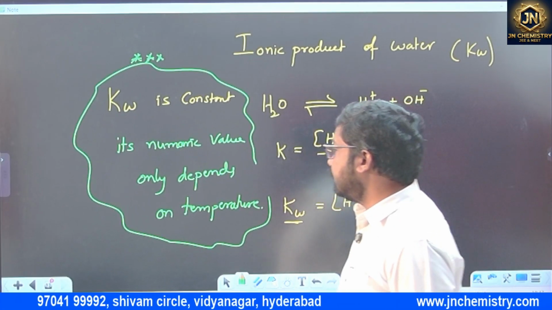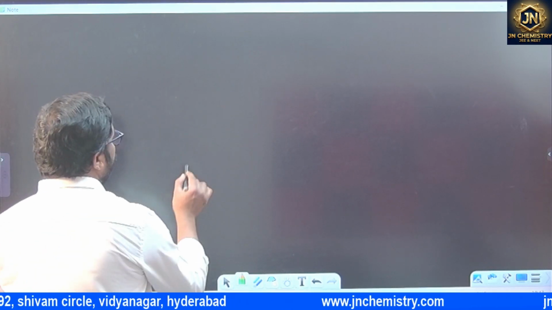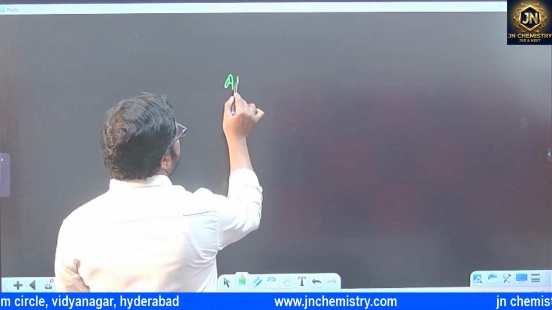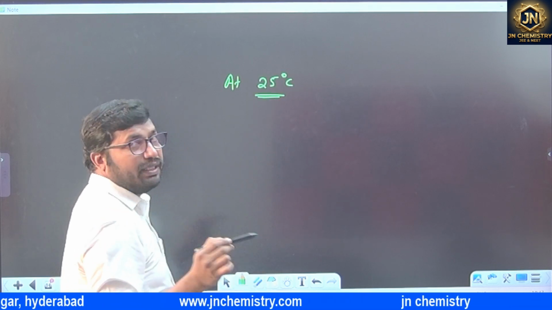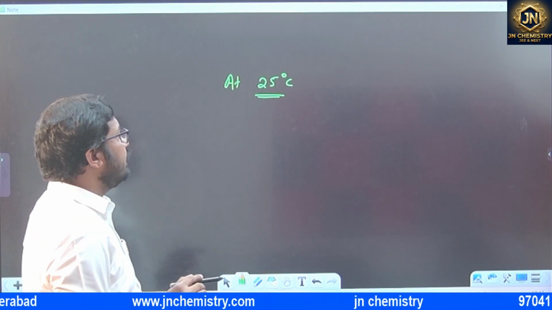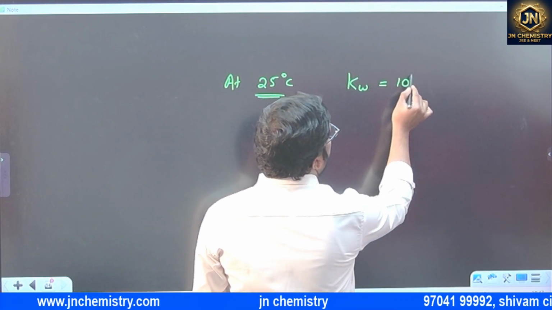At 25 degrees centigrade, so particularly we need to mention the temperature. At 25 degrees centigrade, KW is equal to 10 to the power of minus 14.